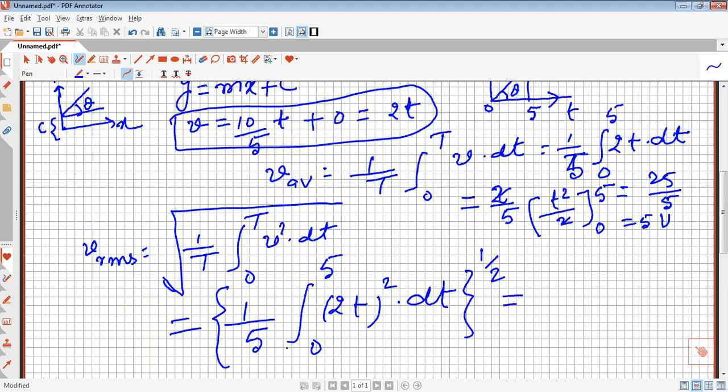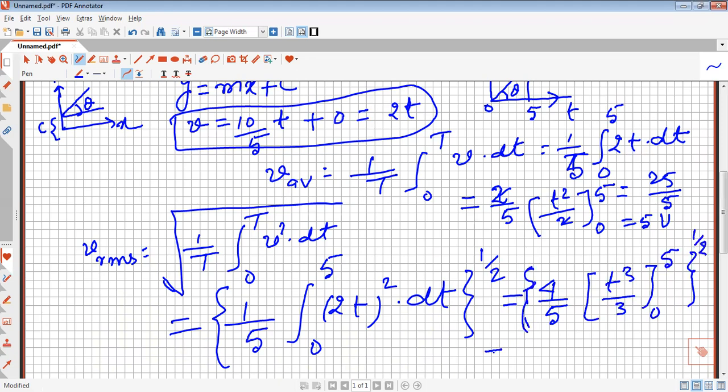So it is a very simple relation. We can take 4 by 5 here, and t square. So it will be 4 by 5, and the integration of t square will be t power 3 divided by 3, and we have to put the limit 0 to 5 and take the square root of this. So the square root means power 1 by 2.